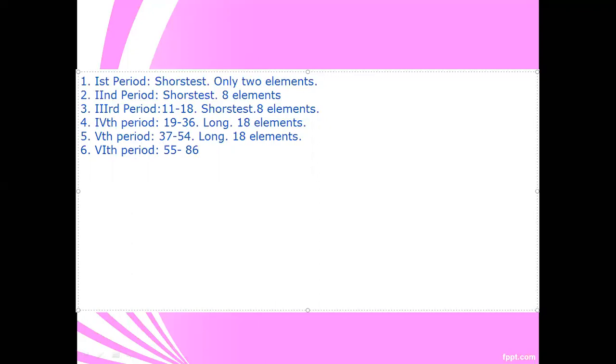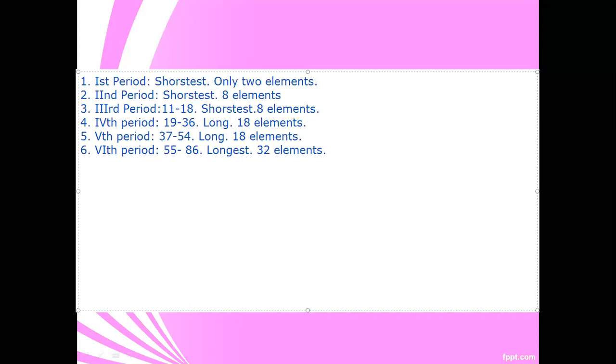So this is the longest period because it contains 32 elements. This is the very longest period. It contains 32 elements, cesium to radon.